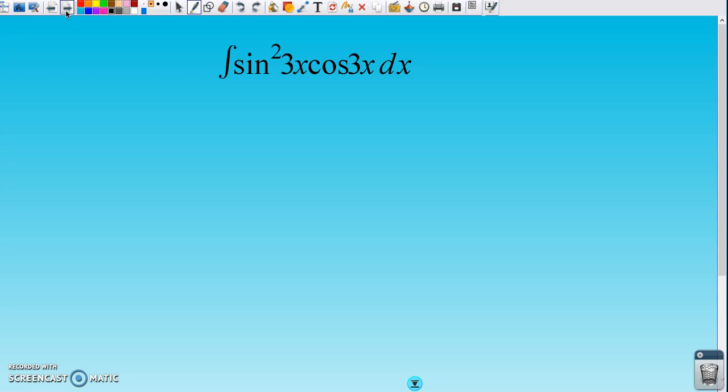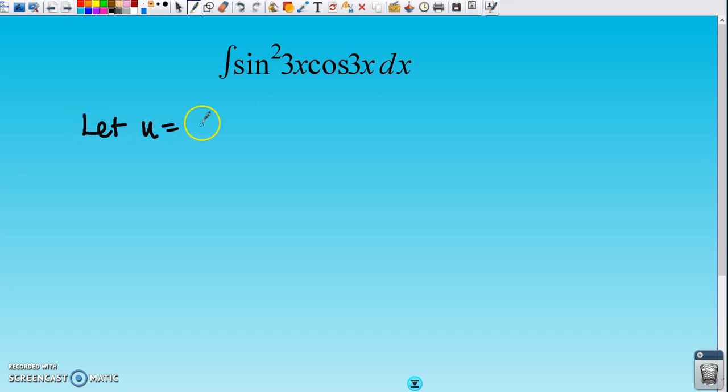It's whatever. Let's see. U is going to be... the derivative of sine is cosine. The derivative of cosine is negative sine, but there's no negative. Ooh, but sine has a squared on it. I feel like because that one is squared, maybe I should make that one my u. Let's try it.